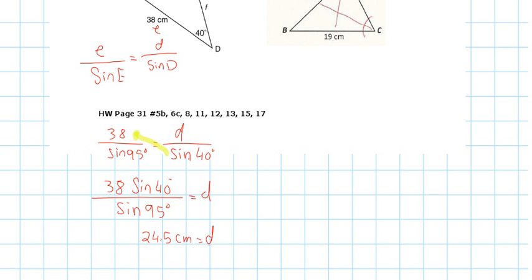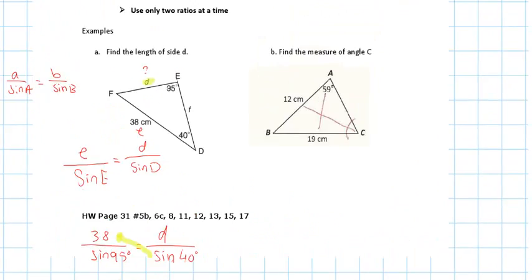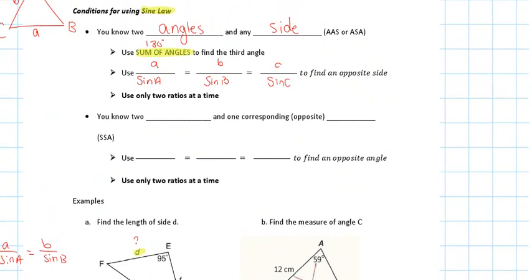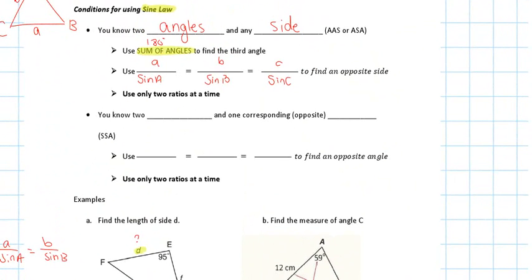There's two formulas for sine law. This formula that we looked at is the formula when you're finding a side because your side's on the top. We're going to talk about the other formula in a bit. Okay? So whenever you're looking for a side, you write this formula down. I pick two of the ratios, I plug the information in, and I solve for my side.